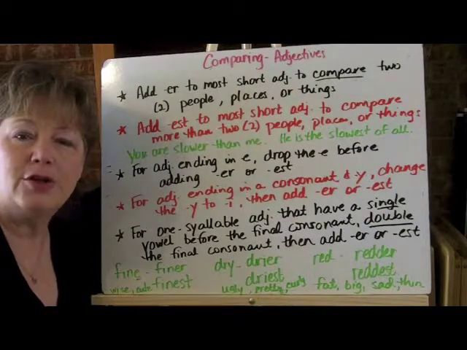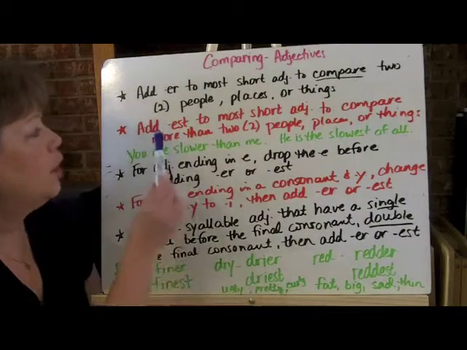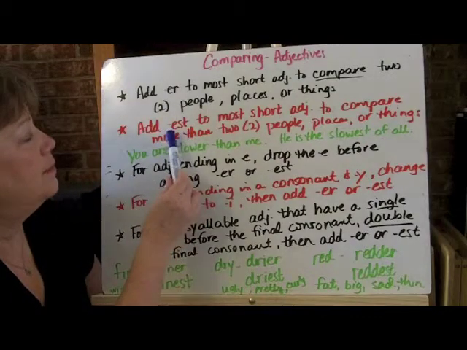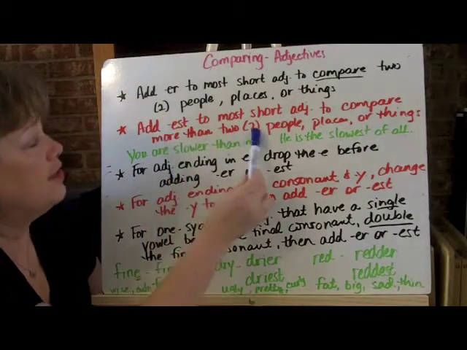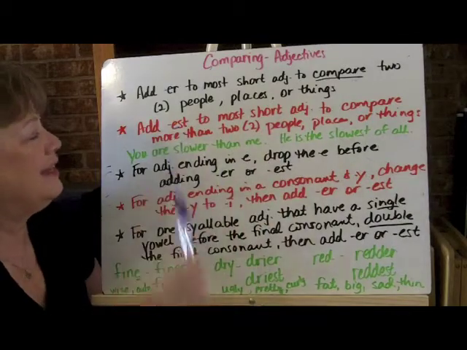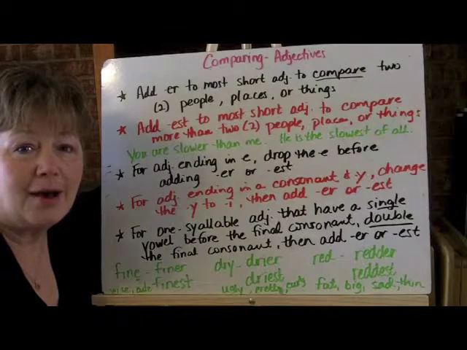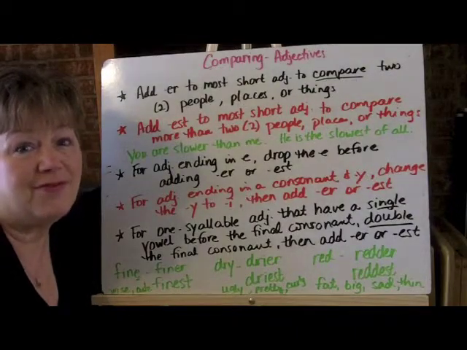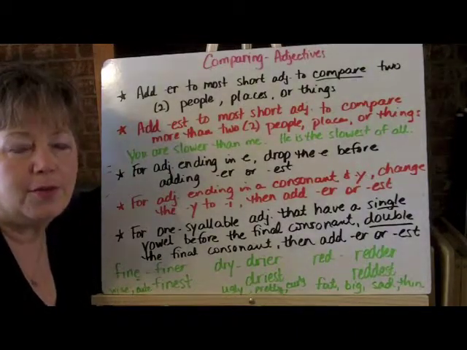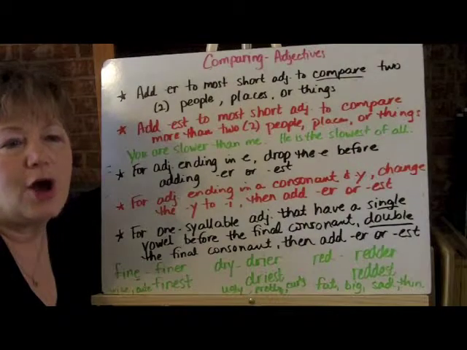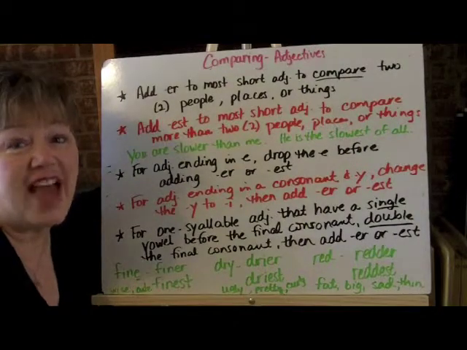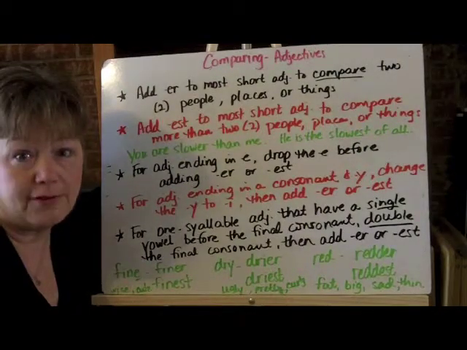But if I compared your whole family, which would be more than two people, we add EST to the end of that. So whereas you might be faster than your brother, your uncle is the fastest runner in all of the family.